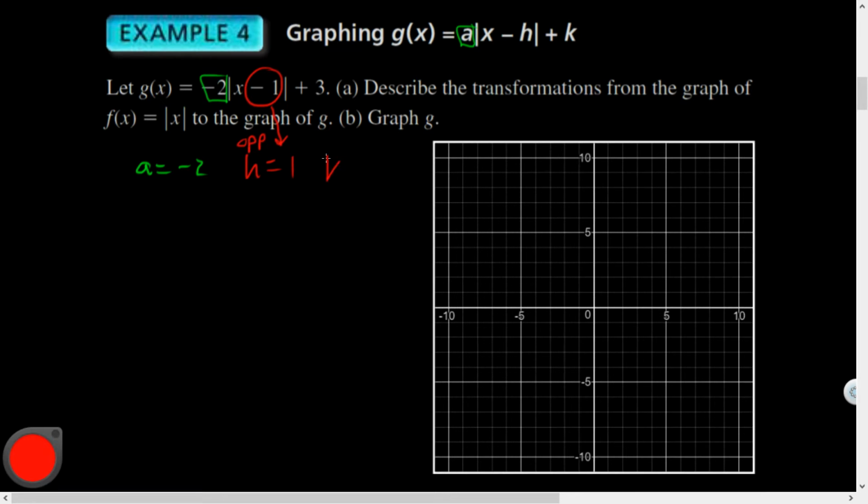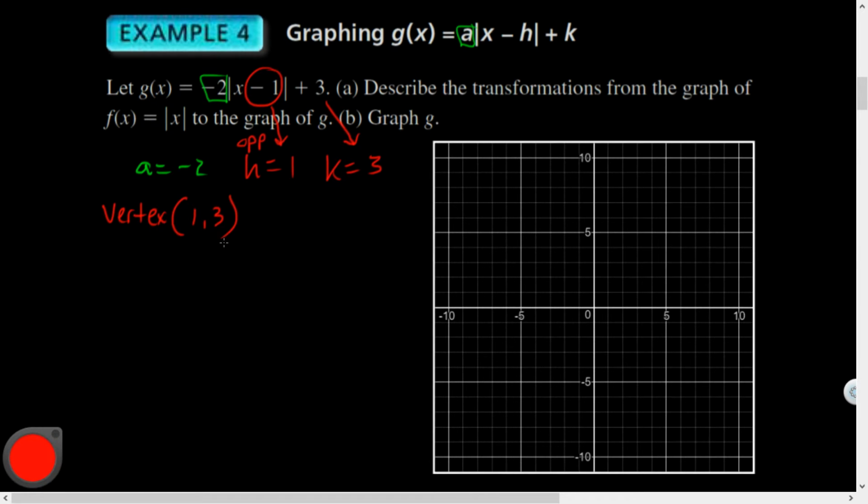And then what's k going to equal? Yeah, k is going to be the 3. All right? And so you could say that your vertex is 1, 3, if that helps. I'm going to have us label it as h and k as well as the vertex, at least for this example, but I won't need you to do both at other times.